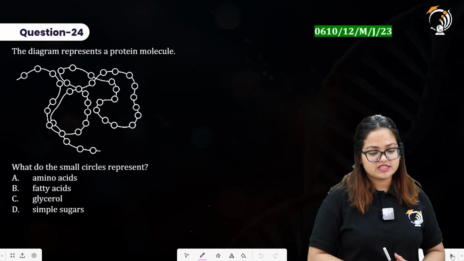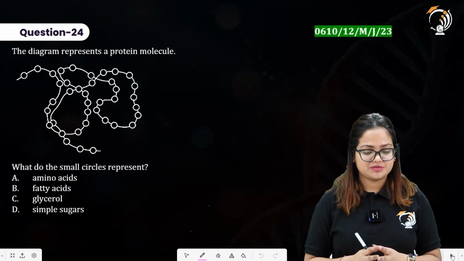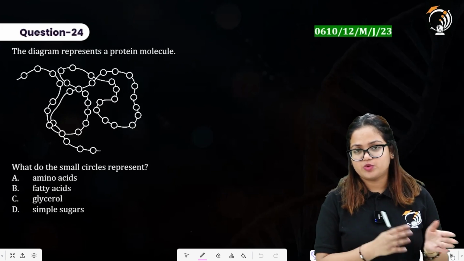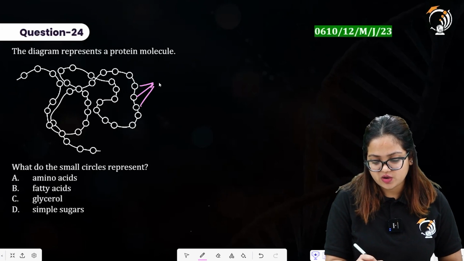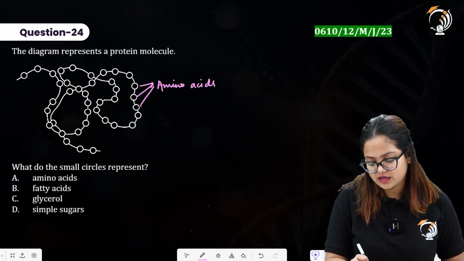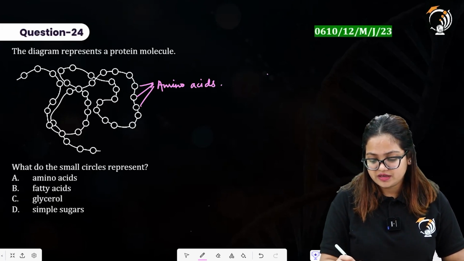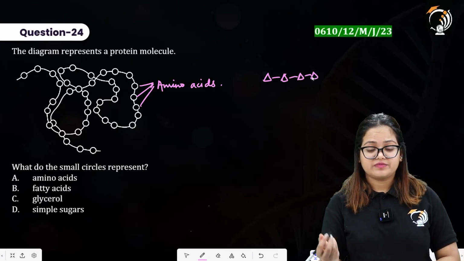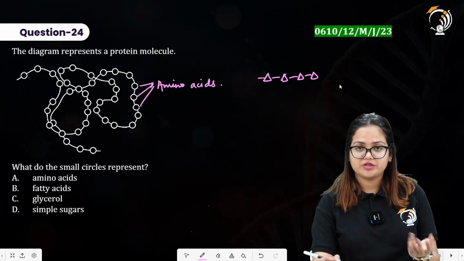Question number 24 says the diagram represents a protein molecule. So this is another diagrammatic representation, but since the same concept has been applied to both of these questions: what do the small circles represent here? These small circles are amino acids. They can provide you with any diagram. It can be a triangle linked to another triangle, and they can ask what these triangles signify whenever we are talking about the protein molecule.